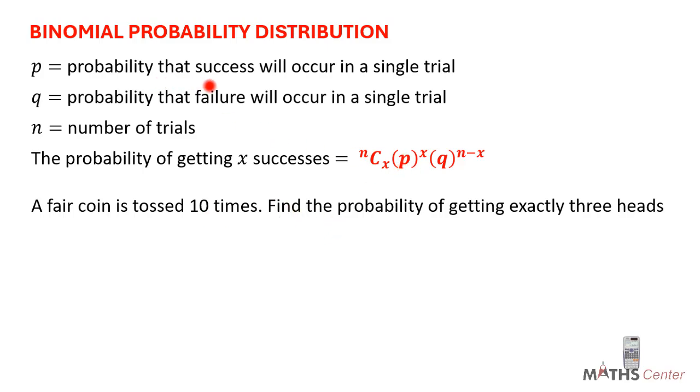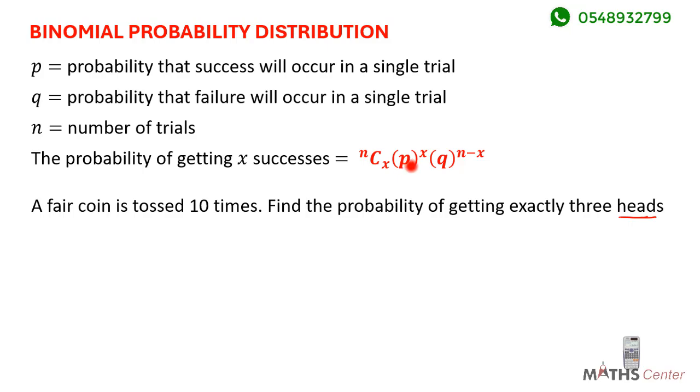P is the probability that success will occur in a single trial. Here, what will be success for us? The question wants us to find the probability of getting exactly 3 heads. So it means that here, getting a head is success. We are looking for 3 heads. So getting a head will be success. So P will be the probability of getting a head in a single trial.